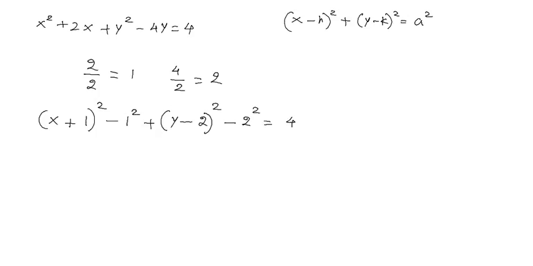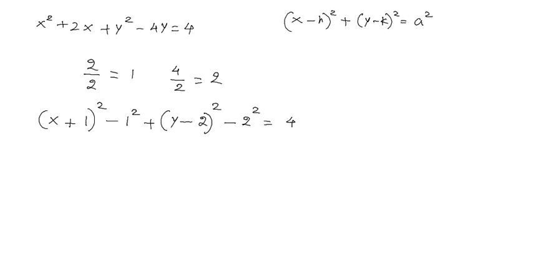The same process has to be done for the y term. I take the coefficient of y which is 4, and always I divide the coefficient of y by 2, both the coefficient of x and y by 2. So when I divide 4 by 2, I get 2.